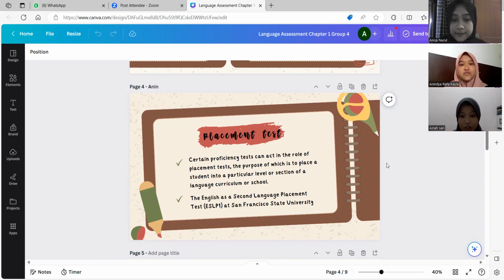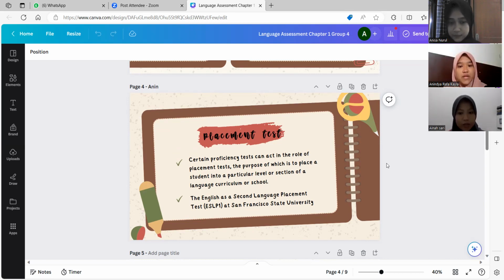So usually a placement test, but not always, includes a sampling of the material to be covered in the various courses in a curriculum. Students' performance on the task should indicate the point at which the student will find their own abilities, whether the material is difficult for them or not.